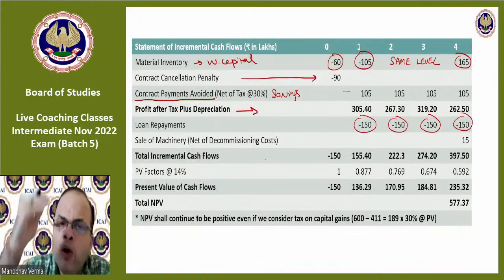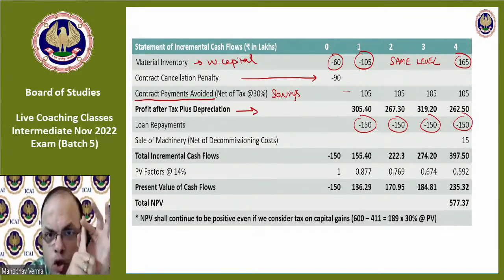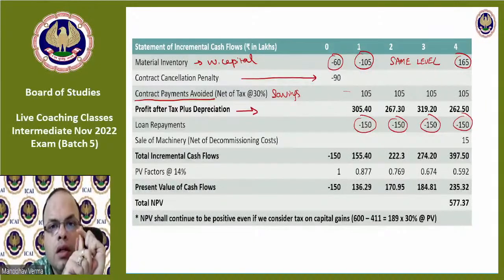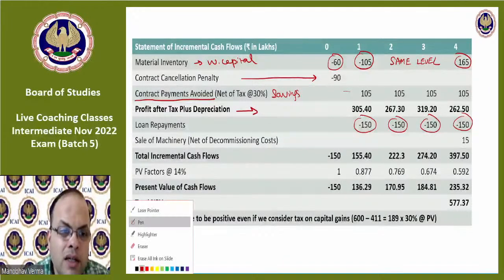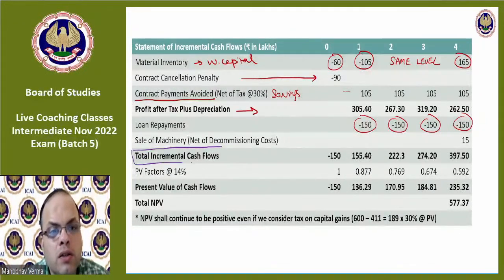I hope this is clear now. So combining all these, guys, please listen to me. The profit from the operations, the loan repayment, and the contract payments avoided, everything added here gives you the net total incremental cash flows, which is 150 in the initial year.